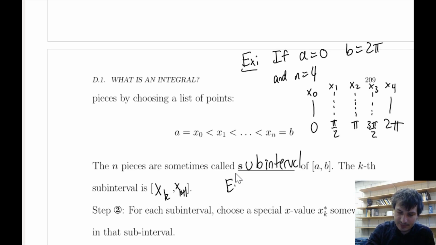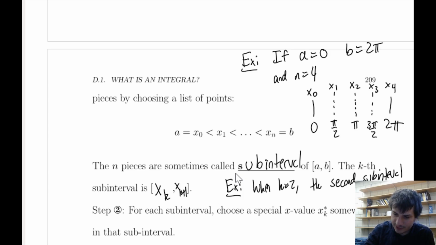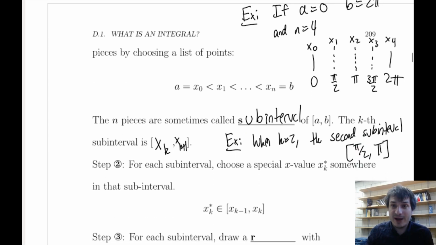For example, the second subinterval is this one from pi over 2 to pi. The first subinterval is from 0 to pi by 2, so the second subinterval goes from x1 to x2. All right, that's what we've done so far.